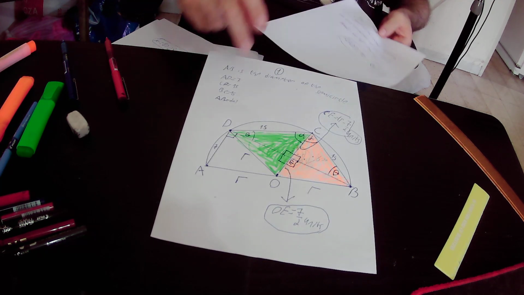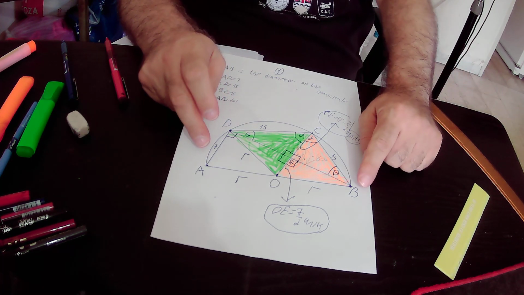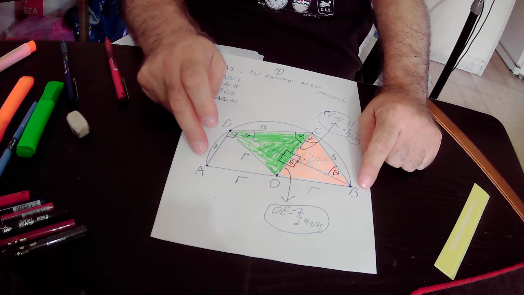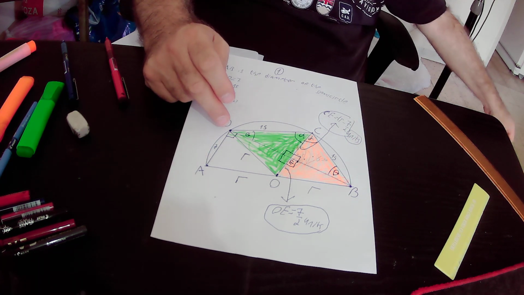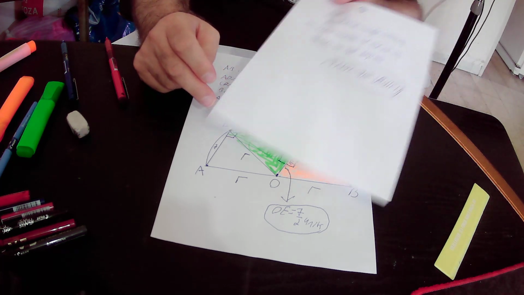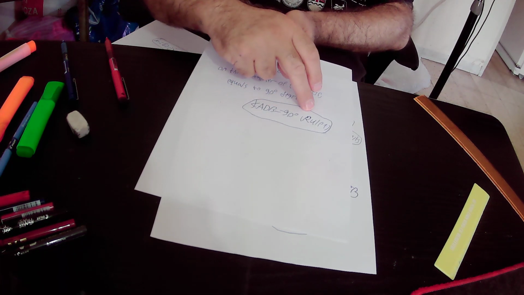Actually, the peripheral angle ADB, this angle, rests on the diameter AB of the semicircle. Therefore, according to rule number 1, angle ADB equals 90 degrees.